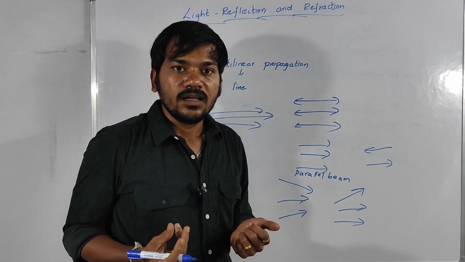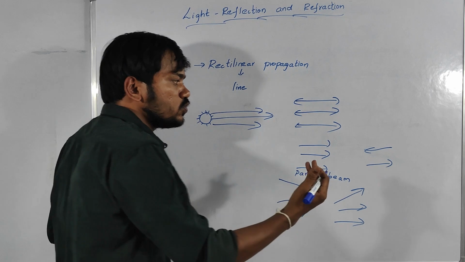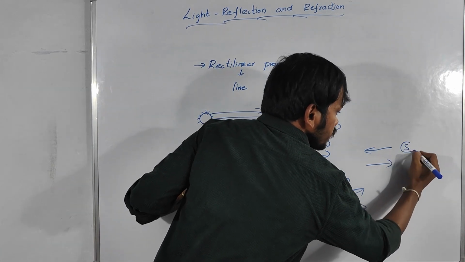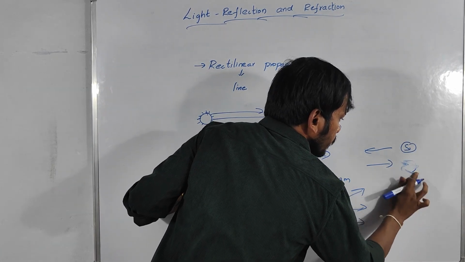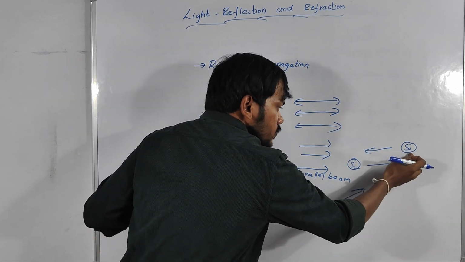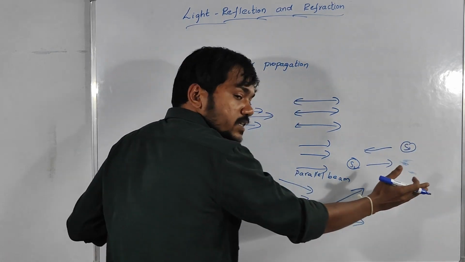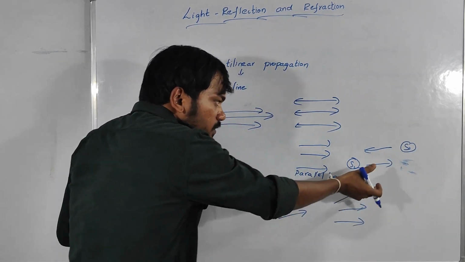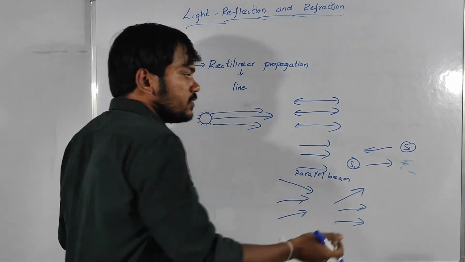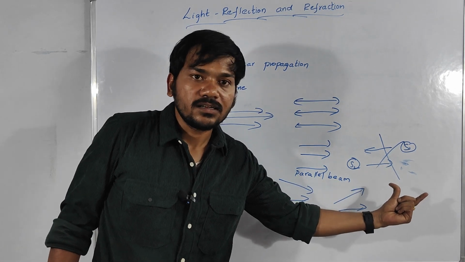Why? If we consider two sources, say here there is source 1 and here there is source 2, then from source 1 it is coming towards me and from source 2 it is going away from me. Here you may consider the beams of light anti-parallel. But here we don't study two sources of light.